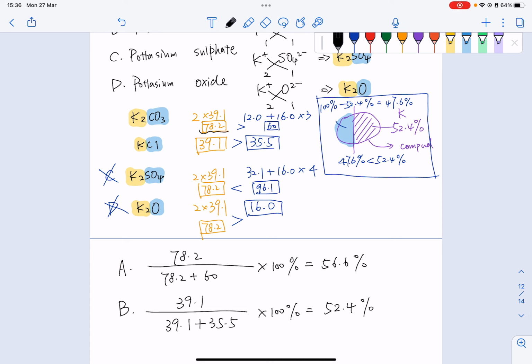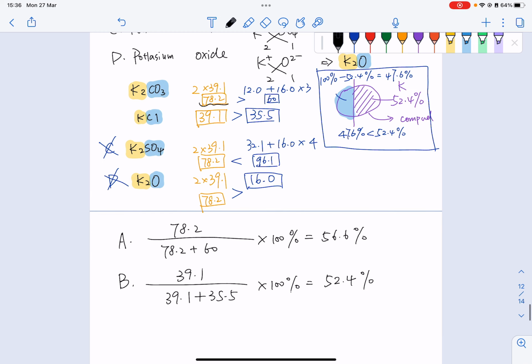The numbers are really close, but if you know the method and the concept underlying it, it will help you identify the answer more easily. You can eliminate C and D easily. You can also calculate the percentage by mass for all 4 compounds, if you find that easier. You don't necessarily need to follow this method.